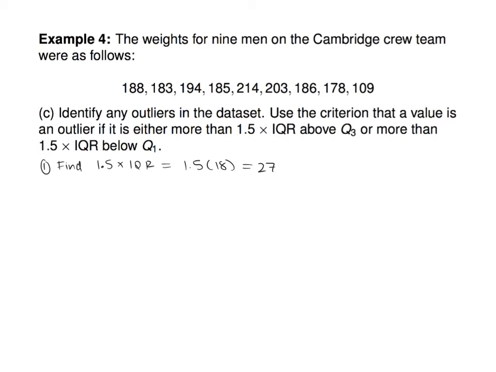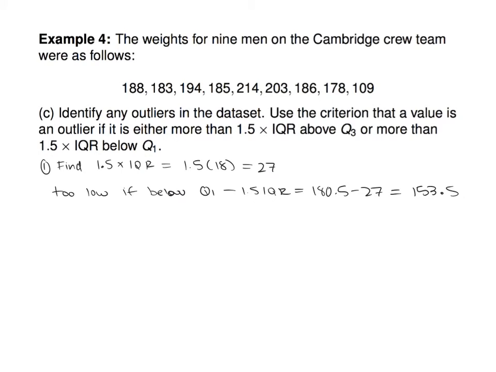And here's how you figure out if something is an outlier. You're too low if you're below Q1 minus 1.5 IQR, which is 180.5 minus 27 in this problem, or 153.5.